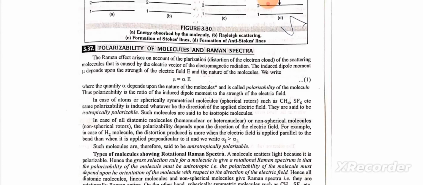In case of atoms or spherically symmetrical molecules such as methane, SF6, etc., the same polarizability is induced whatever be the direction of applied electric field. They are said to be isotropically polarizable. Such molecules are said to be isotropic molecules.